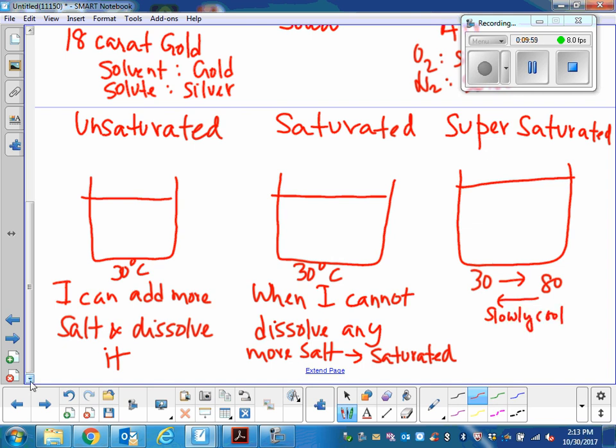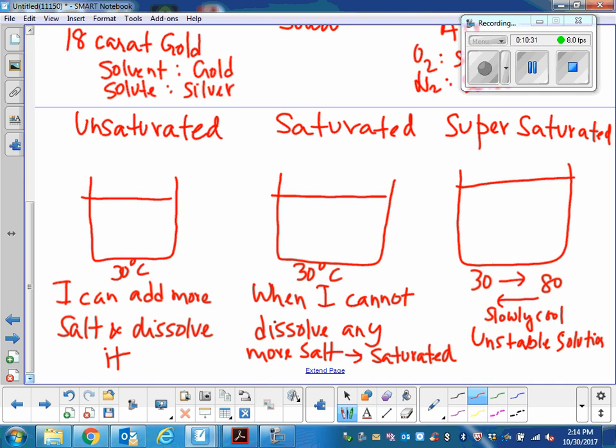When I slowly cool the solution, will all the salt come out? No. It will still remain in solution. But this is going to be a very unstable solution. Is that making sense? If you shake the solution a little bit, or you just add one more drop of salt, like Luke was saying, all the salt will crystallize out.